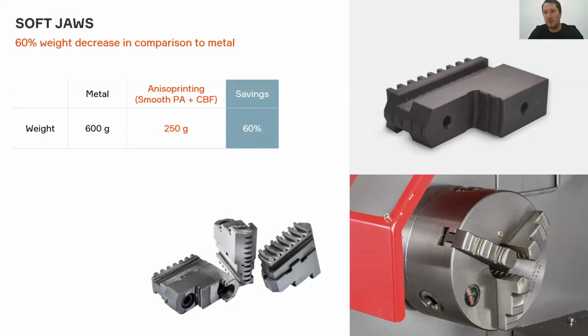Standard metal jaws would, with high forces, have a high probability to damage the part that is being machined. And with the composite material, with the plastic shell, it's a really soft material, and at the same time the part itself is very strong because of the fiber reinforcement, and it will serve for a long time because of its increased mechanical properties. And here there is also a huge potential of saving costs and material usage.